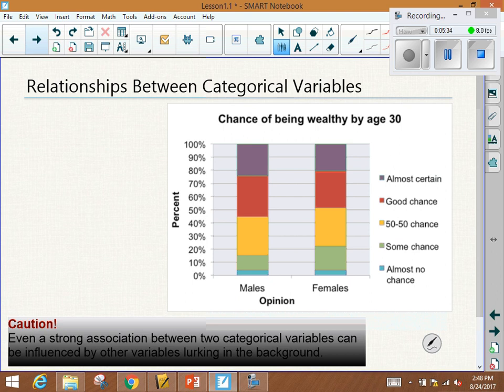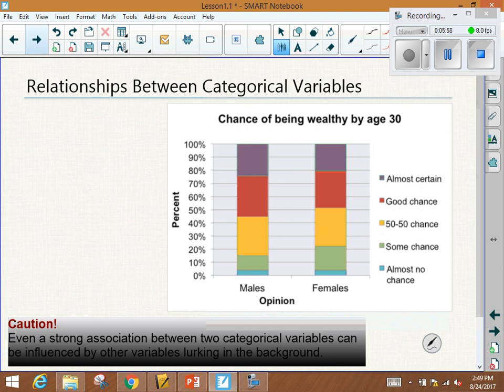What do you think the relationship is between these two categorical variables, right? So if you're going to compare them, you've got to be really careful, because I don't think that being male or being female is necessarily what's going to be the thing that affects their chance of being wealthy.